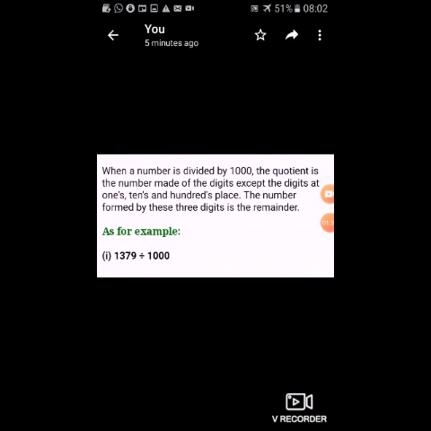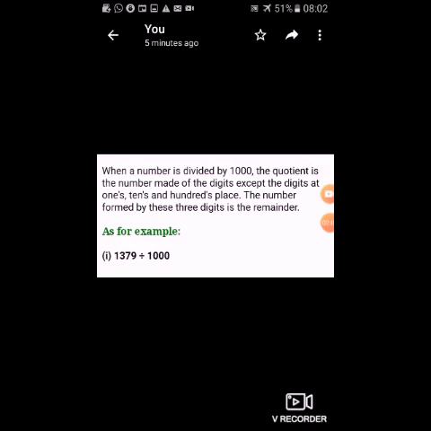Next one. When a number is divided by 1000, the quotient is the number made of the digits except the digits at the ones, tens and hundreds place. As in 1000 there are 3 zeros, so we are taking 3 places, that is ones, tens and hundreds. The number formed by these 3 digits is the remainder.